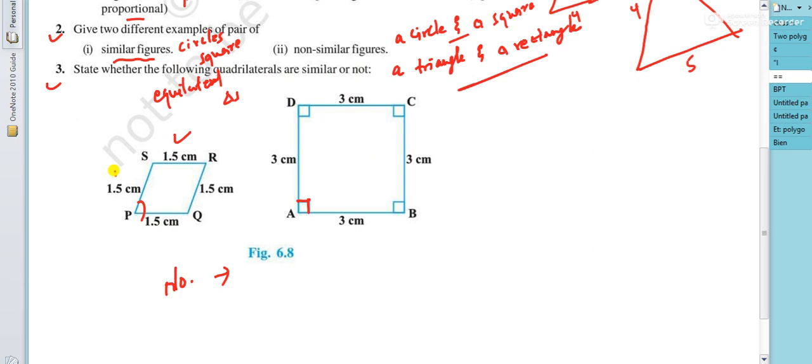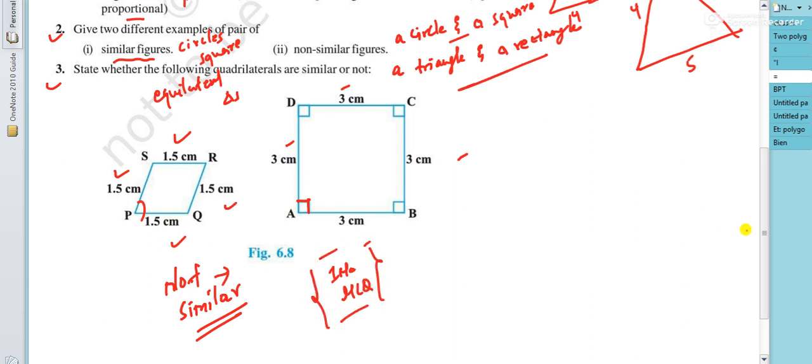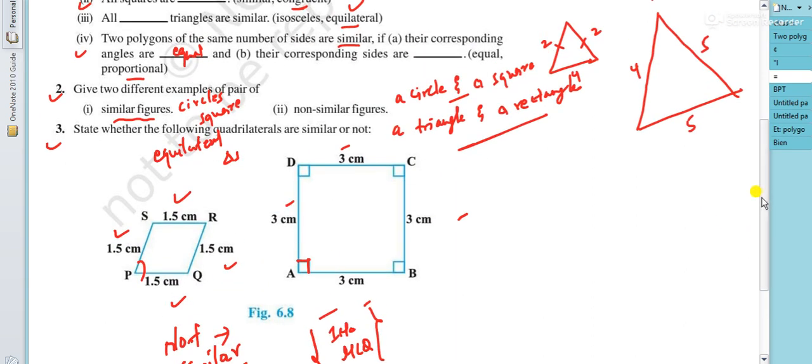Even though their corresponding sides are in the same ratio, their corresponding angles are not equal. Hence, they are not similar. That's all. This type of question you may expect for 1 mark, or they may ask in MCQ. I hope you have understood this.